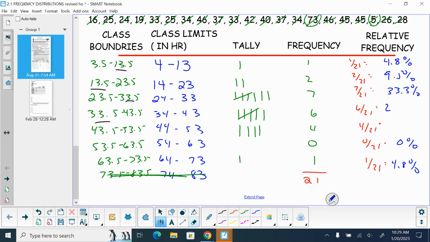I want to nearest 10. 28.5, 19. Is it really? Then 0 and 4.8. It's 19.0. What's 4 divided by 21? 19.04. Okay, 19%. There we go.